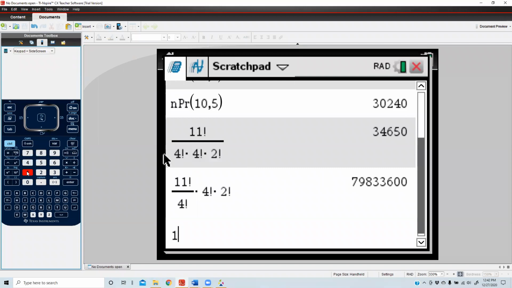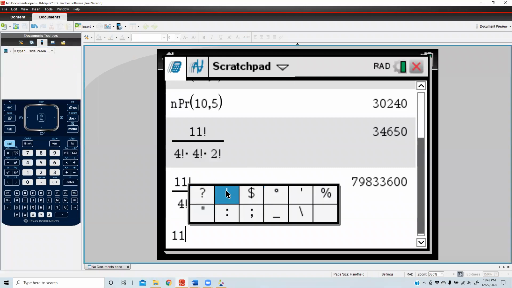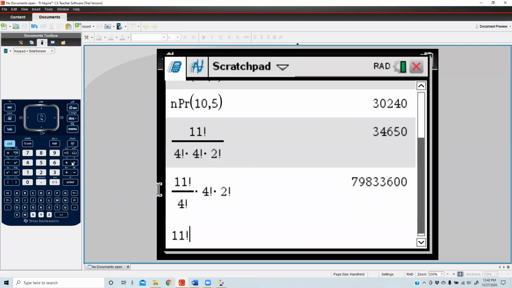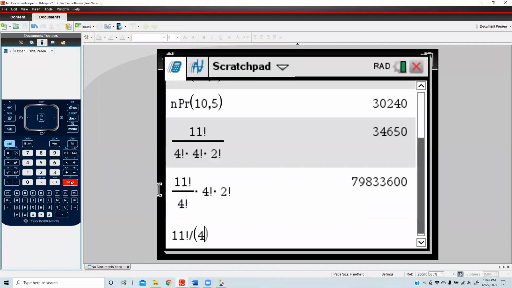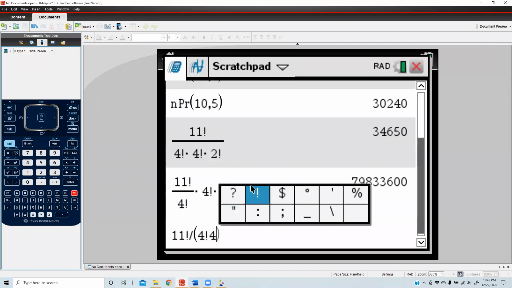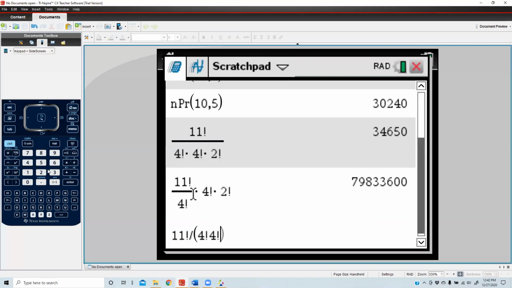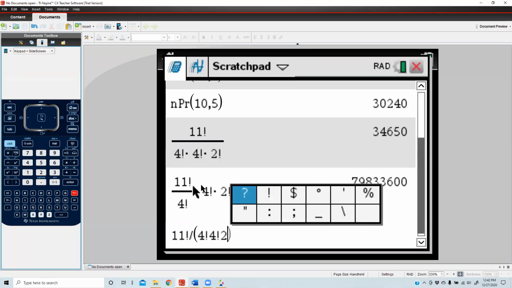Let's do it the right way. Factorial divided by, then I open the parentheses and do the 4 factorial, 4 factorial, and 2 factorial.